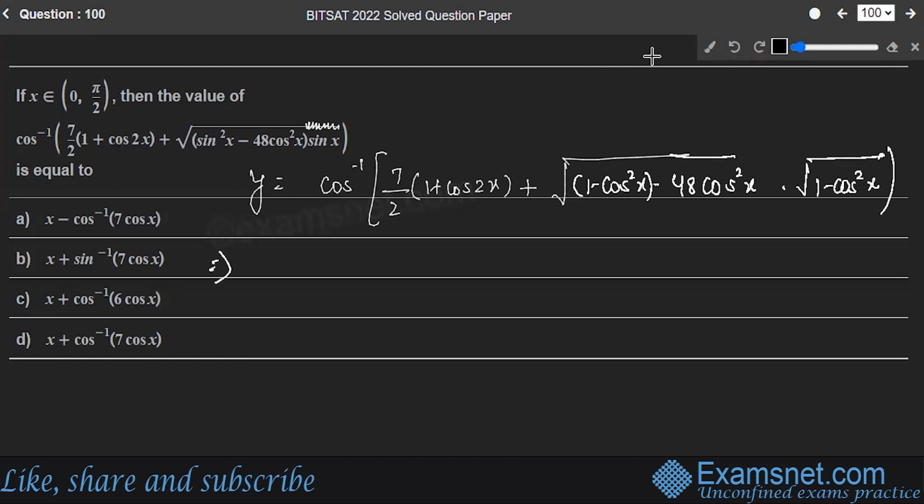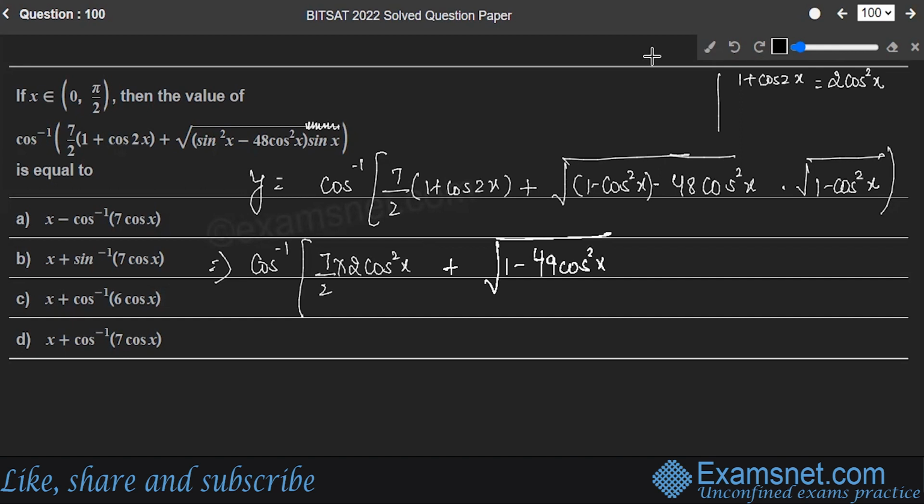Okay, so 1 plus cos 2x is equal to 2 cos square x. So this is equal to 7 by 2 into 2 cos square x, plus this is 1 minus 49 cos square x into 1 minus cos square x.